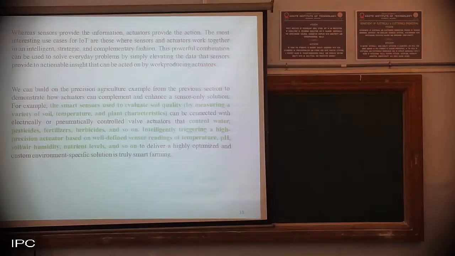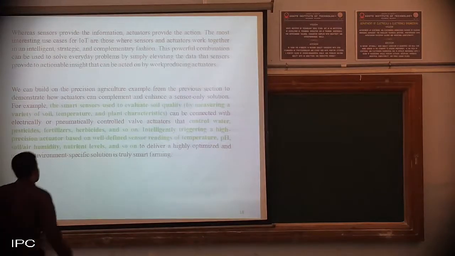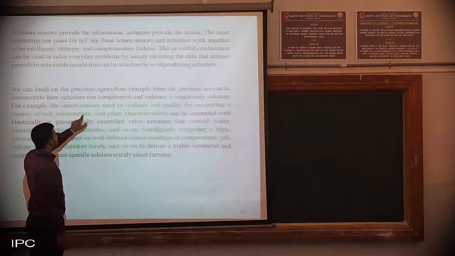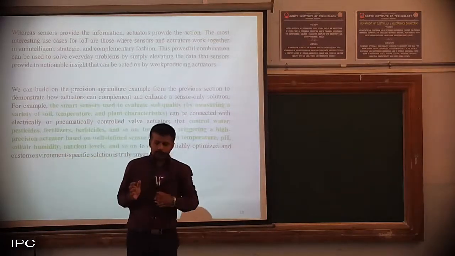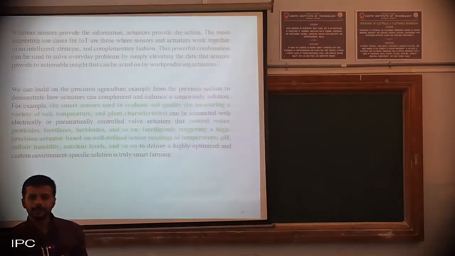Okay, the same is explained here. In this smart agriculture, which actuators can be used is discussed here. After measuring the soil temperature and the plant characteristics, depending on the sensor values, mentioned here in green color, a variety of soil temperature and plant characteristics can be detected by the sensor.